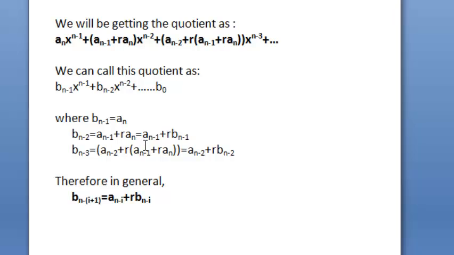Here also we can write this as a(n-1) + r·b(n-1), and b(n-3) as a(n-2) + r·a(n-1) + r²·an, which can also be written as a(n-2) + r·b(n-2). Therefore, in general we can write this as b(n-I+1) equals a(n-I) + r·b(n-I).